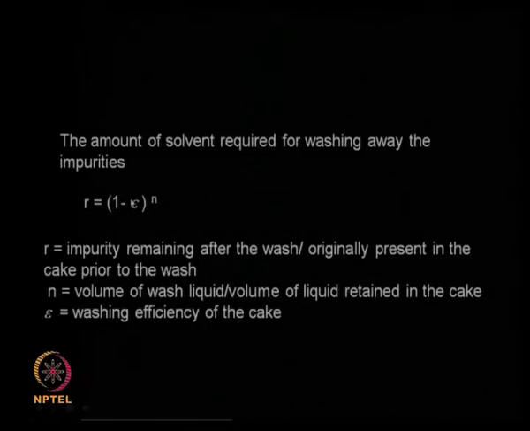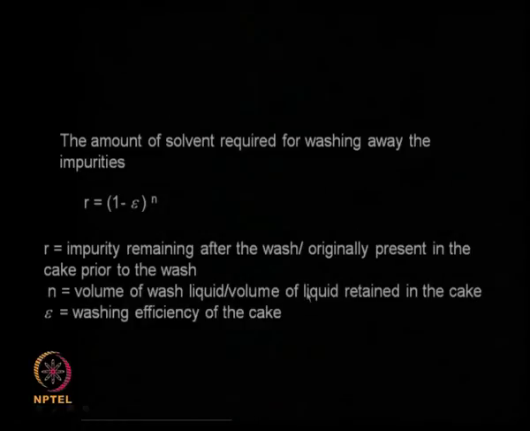Epsilon is the washing efficiency of the cake. It is a function of the equipment, so generally you can take it as 70%, that means 0.7. Now this is raised to the power of n. N is the volume of wash liquid divided by the volume of liquid retained in the cake.